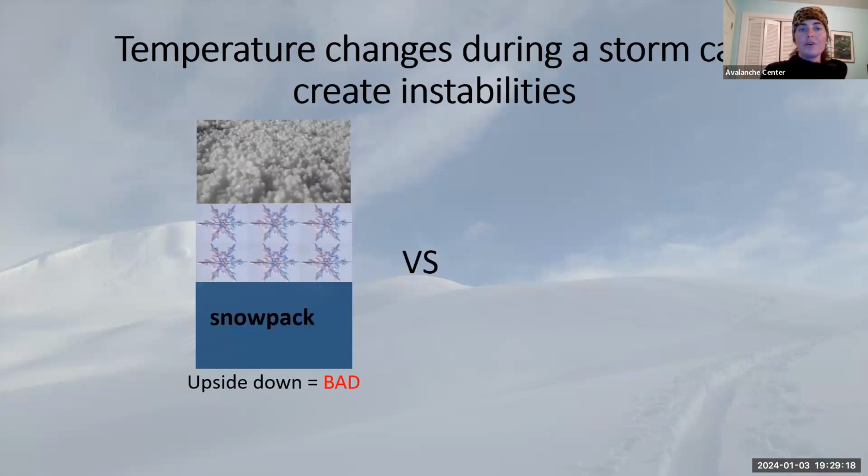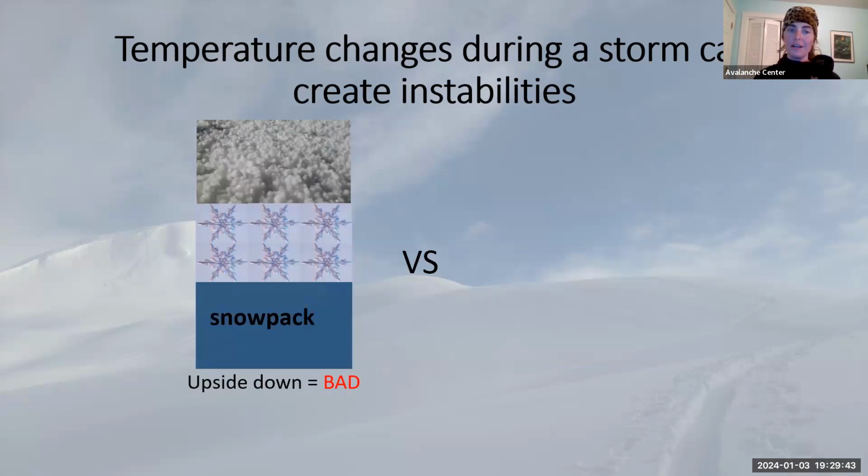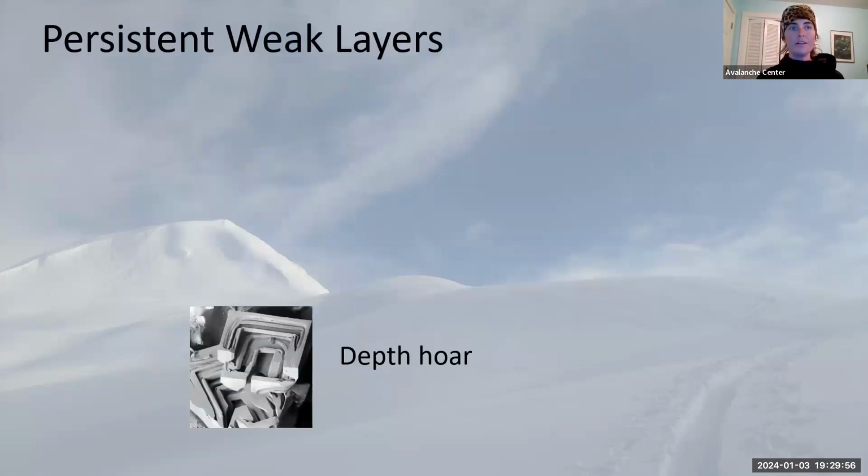So what this is showing though is just within storm snow, like if we get a storm that comes in warm and leaves cold, that's what we would call a right side up snowpack, versus the opposite where we have a storm that comes in cold and leaves warm, that would be our upside down. But within a storm, we can have small different layer changes that could be from temperature, it could be from the wind. And so we can have layers that are unstable within a storm event.